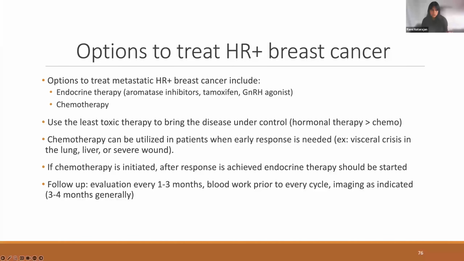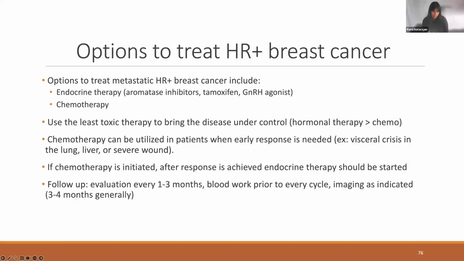And so generally what we'll do is we'll start chemotherapy, assess the response, either by labs or by imaging. And after the response is controlled, so let's say the patient had shortness of breath due to a lot of lung mets and was hypoxic, after the patient has a sufficient response, we always want to switch back to endocrine therapy, especially if the patient has never had endocrine therapy before, because this is often much easier to tolerate than chemotherapy.